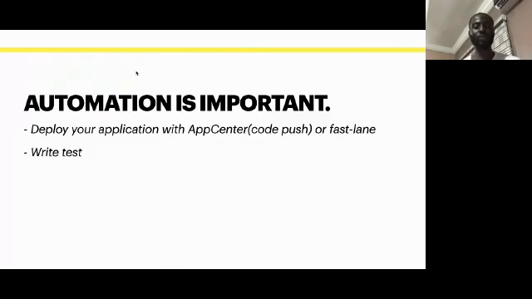Aside from writing the code, you have things like testing, continuous integration, and always getting the APK or IPA ready for the clients to review. You have a lot of other things to do aside from just writing code.